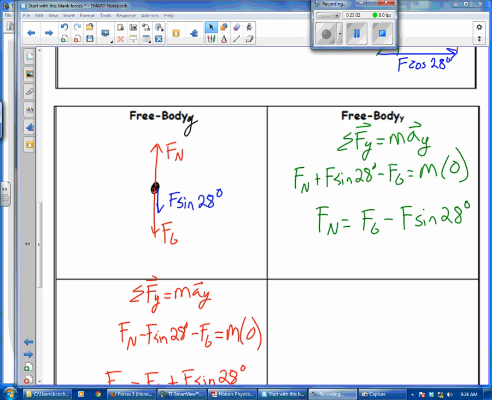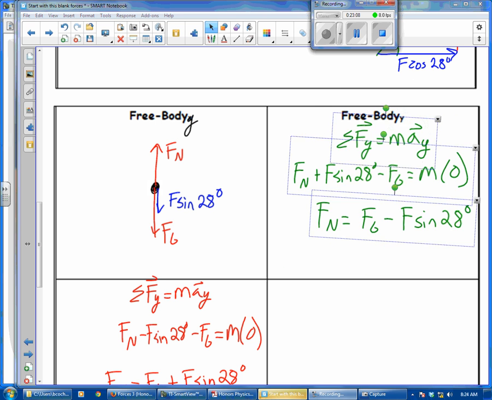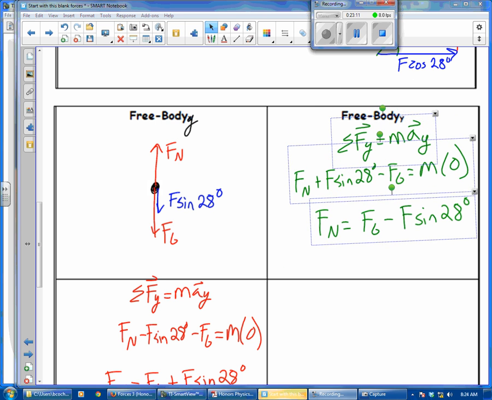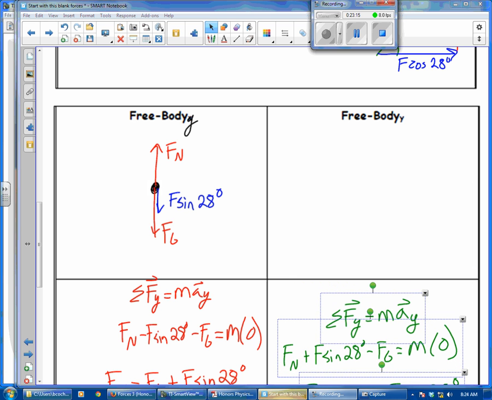All right. So, whoops. All of this should be down there. And, sorry, didn't redo my free body. I should have.